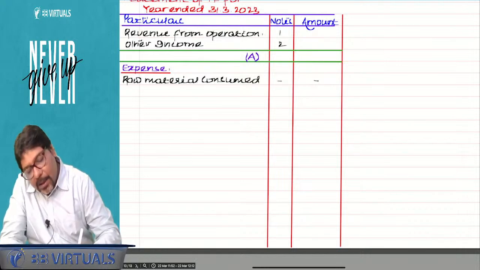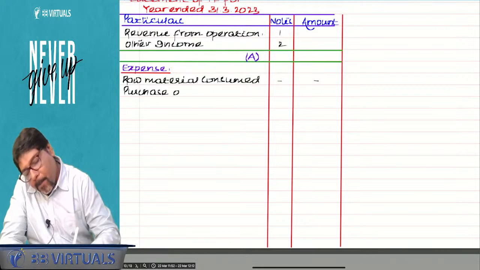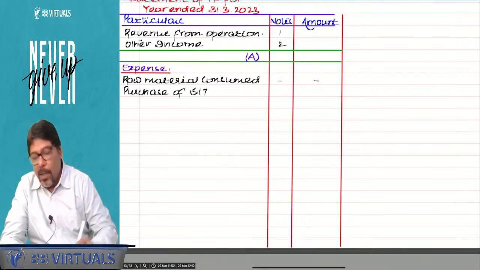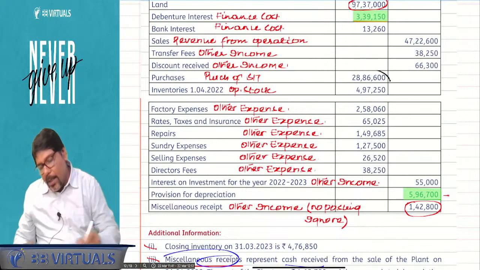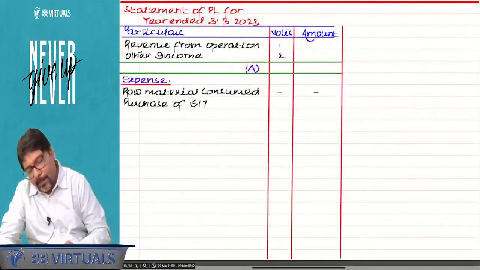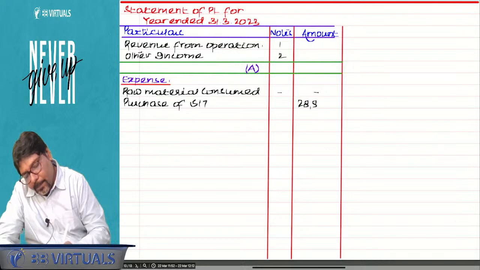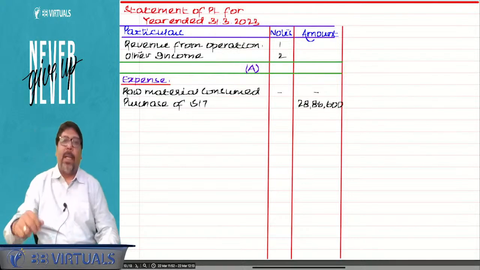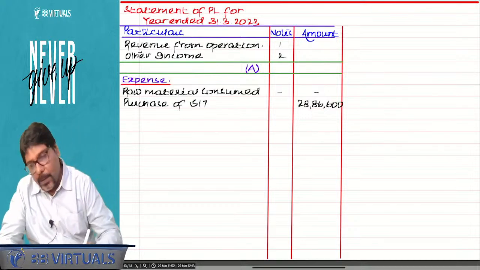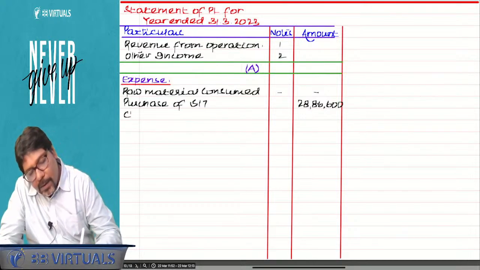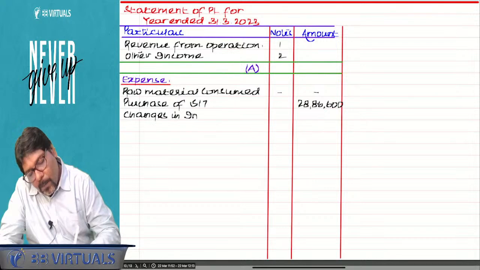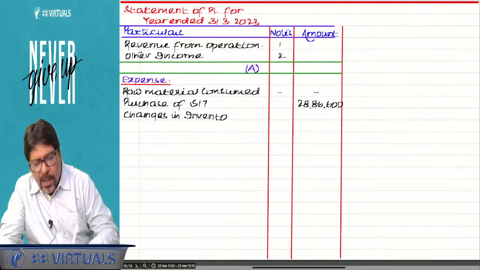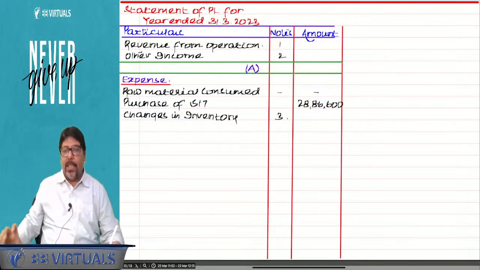No. Then purchase of stock in trade. What is purchase of stock in trade? That is given, 28,86,600. Then changes in inventory. This is done.